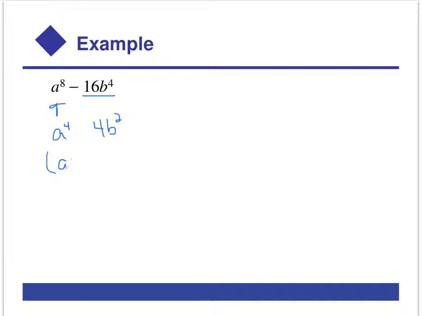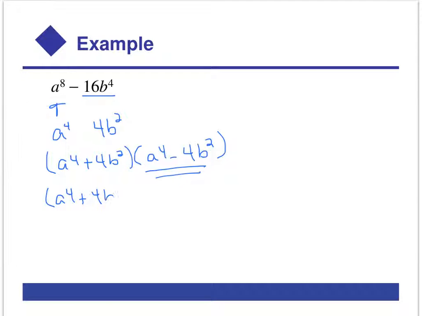So we're going to have a to the 4th plus 4b squared times a to the 4th minus 4b squared. This can be factored again. So bring down the first one. So we get a to the second plus 2b, and then we get a to the second minus 2b. And that should be our final answer.